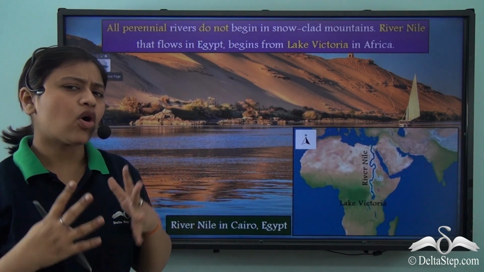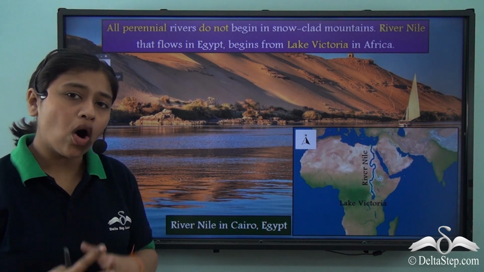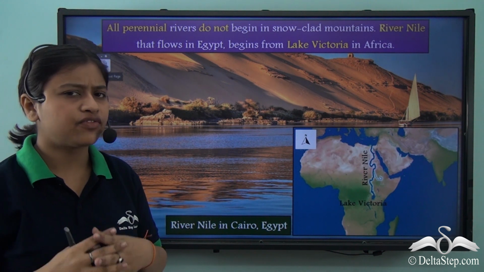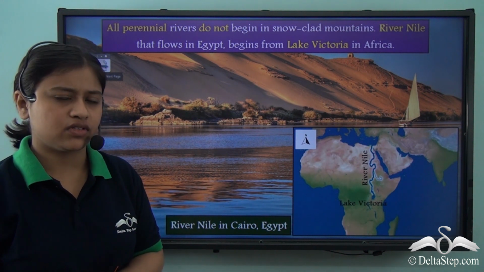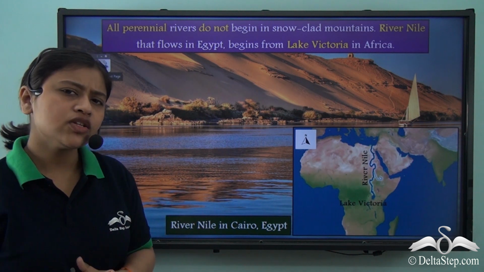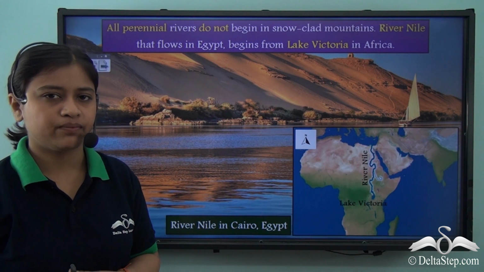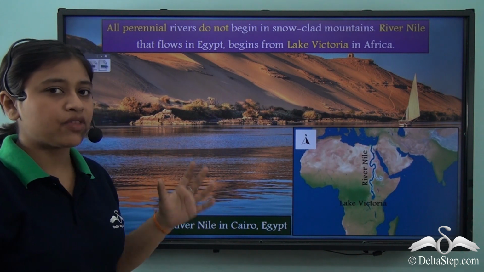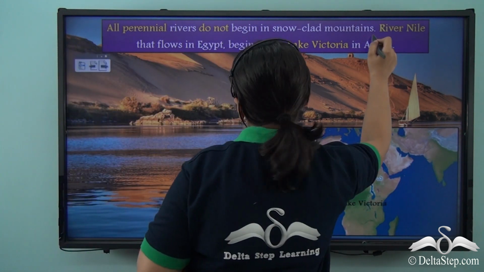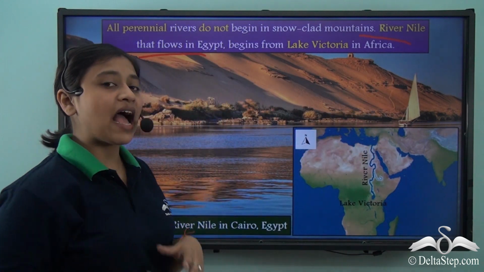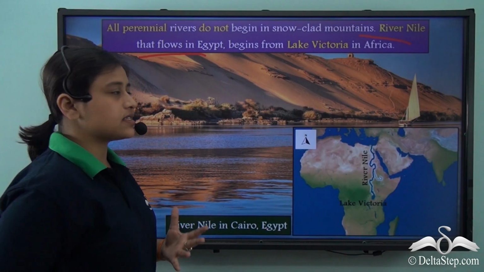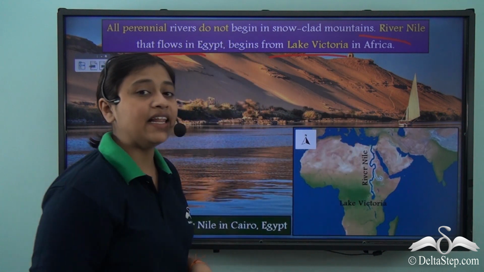Now, we must also remember that all perennial rivers are not fed by snow-capped mountains, right? They may also be sourced from a lake or other water body, just like river Nile. So river Nile that flows in Egypt, that is in Africa, its source is a lake, that is Lake Victoria.